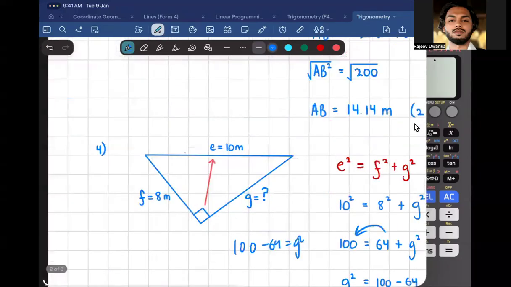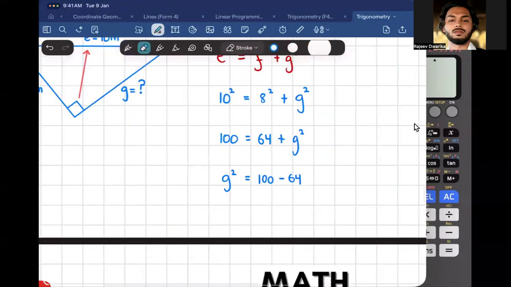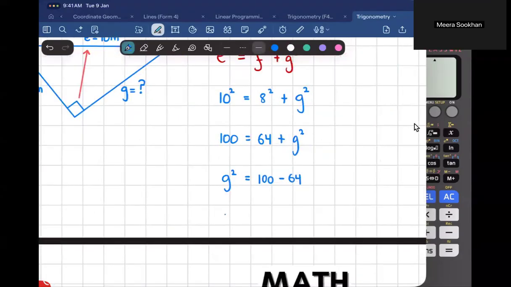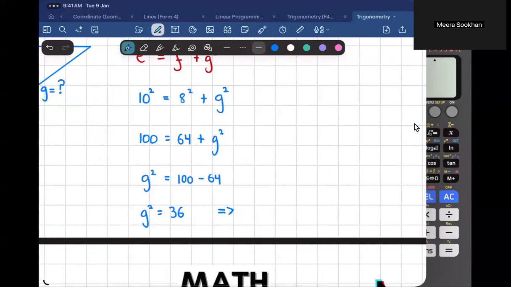Then you switch it. So you say G squared is equal to 100 minus 64. Okay, cool. What's next? So G squared will equal 36. And then you find the square root of 36, which is 6. Nice.